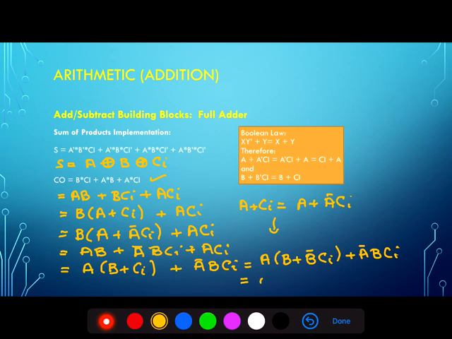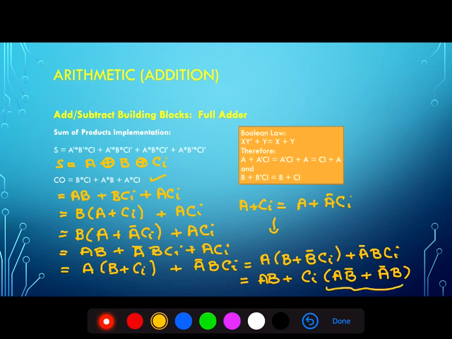Multiplying out, we can get AB or Ci times the quantity A B not or A not B. And this should look familiar as the XOR function.